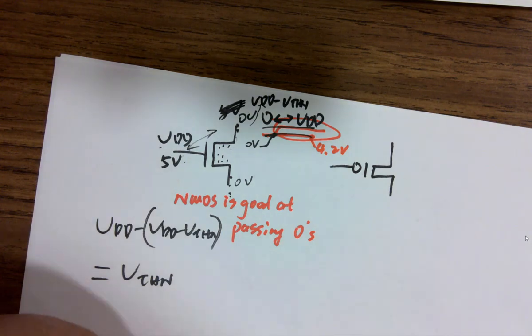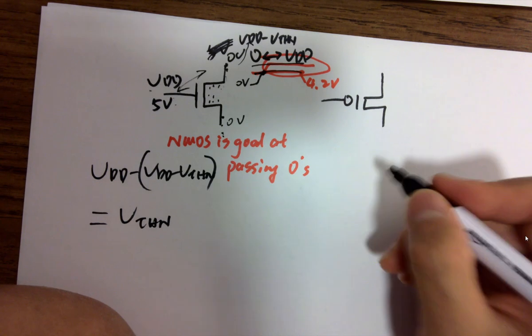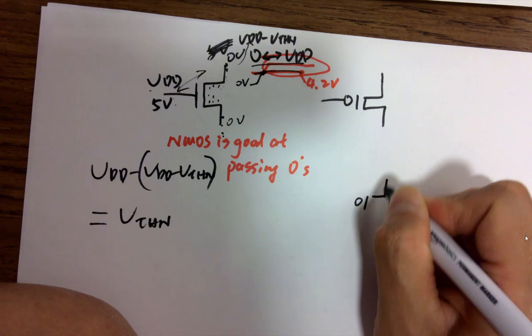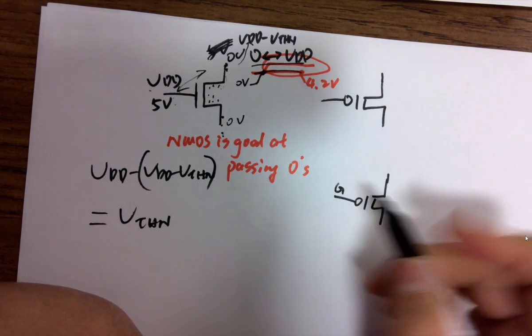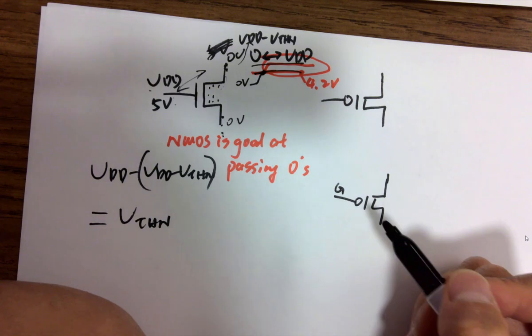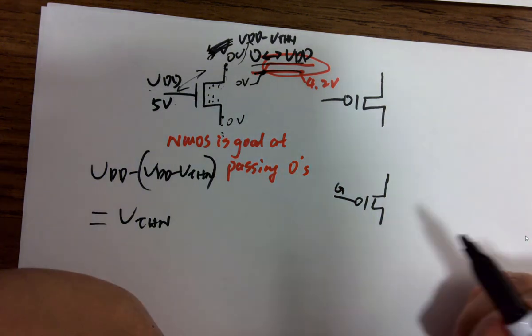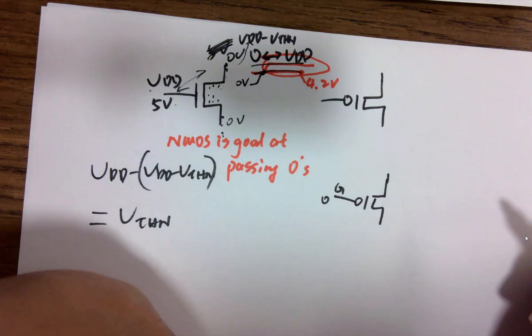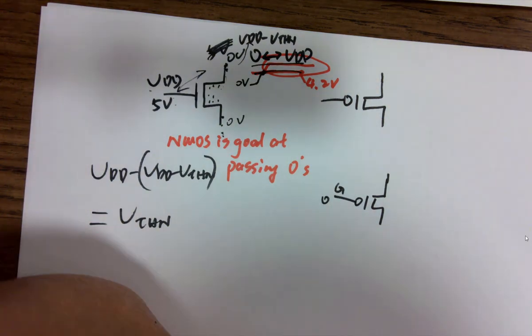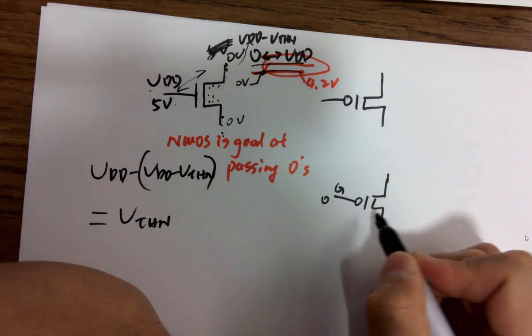What about PMOS? So PMOS, you want to turn it on. It's a digital signal. So to turn on the PMOS, you need a 0 here. You don't have anything else. It's either 0 or VDD. So you give a 0 to the PMOS trying to turn it on.